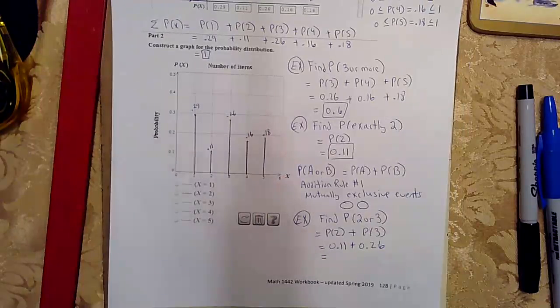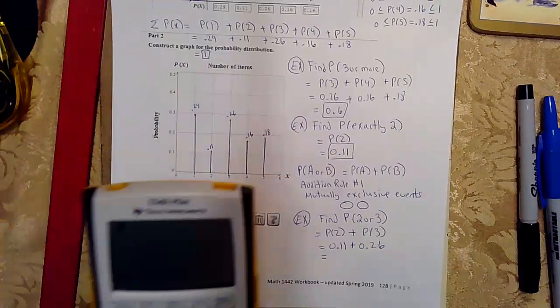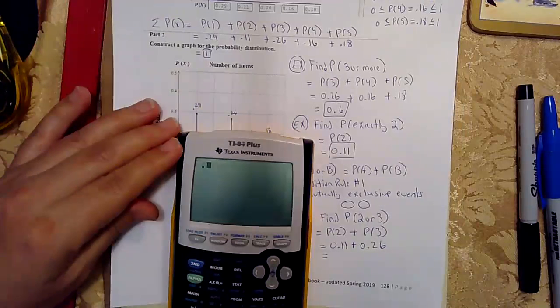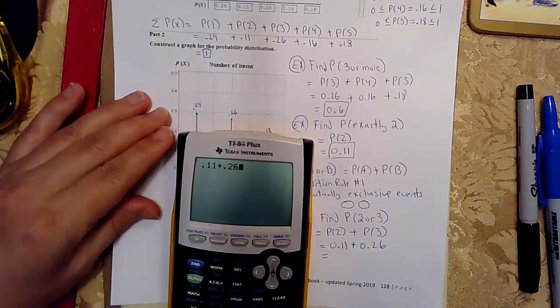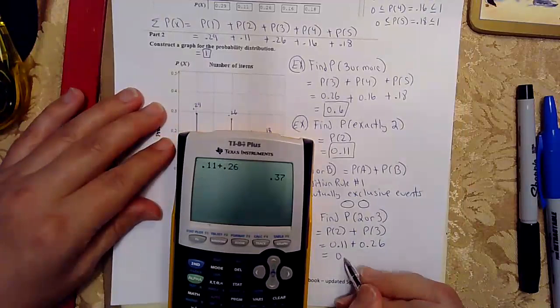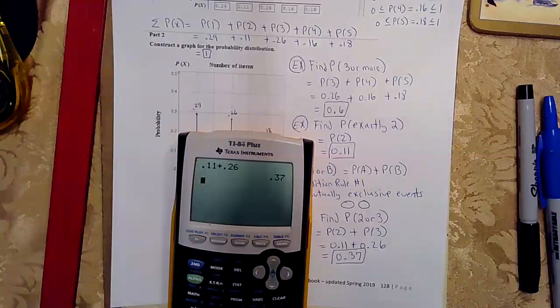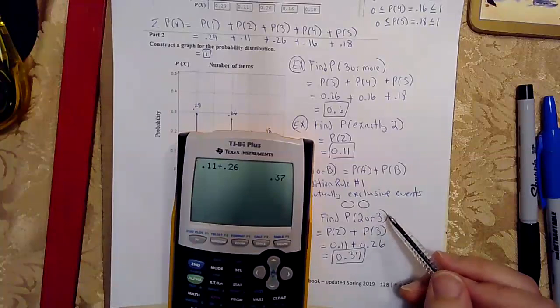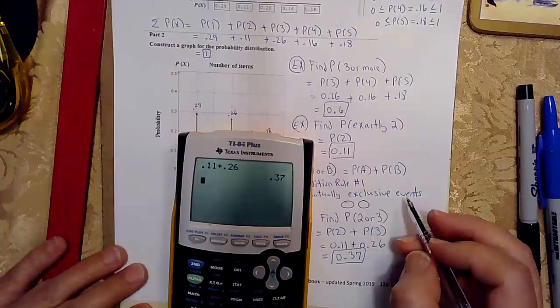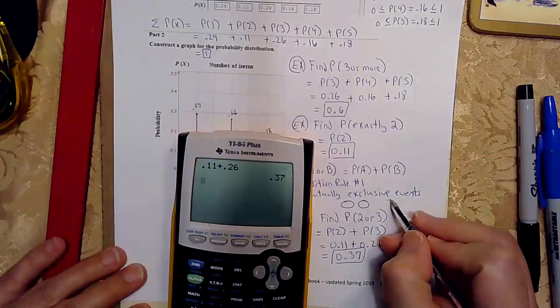When you add those up, 0.11 plus 0.26 is 0.37.